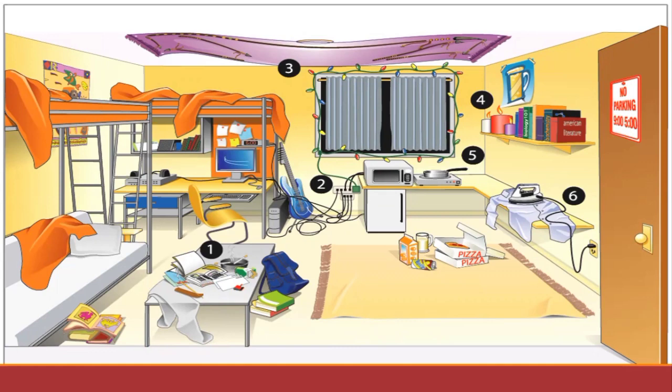The first one is placing lit smoking materials or incense near flammable items, for example, papers. Look at the cigarette nearby the papers.